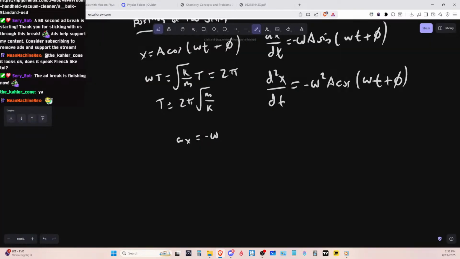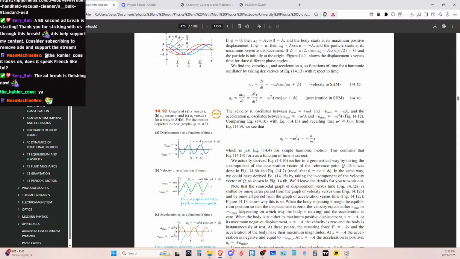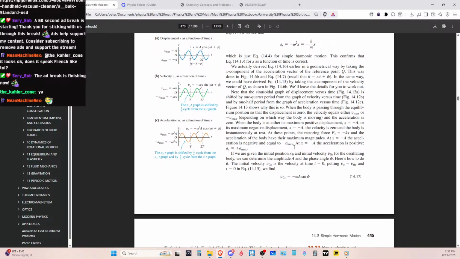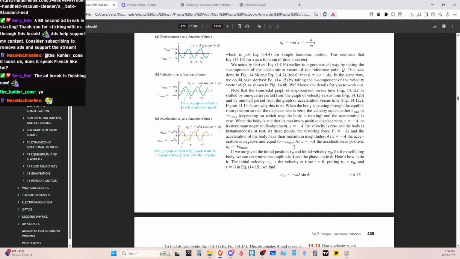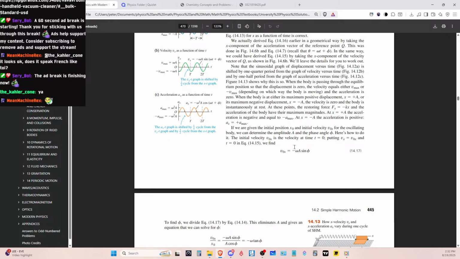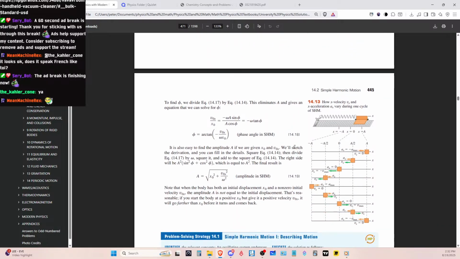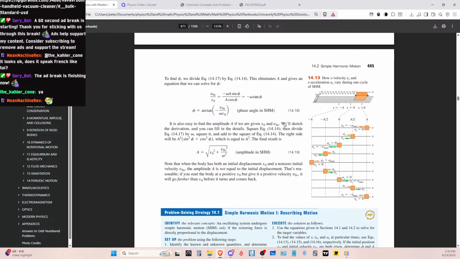It's like we have so much detail. Oh, so you can find the amplitude this way.